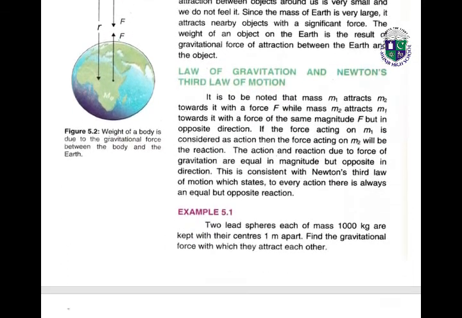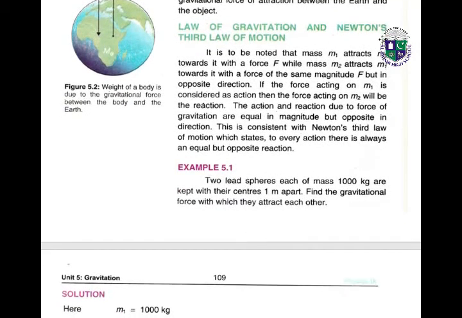Now what is the similarity between the law of gravitation and Newton's third law of motion? It is to be noted that mass m1 attracts mass m2 towards it with a force F, while mass m2 attracts m1 towards it with a force of the same magnitude F but in opposite direction.